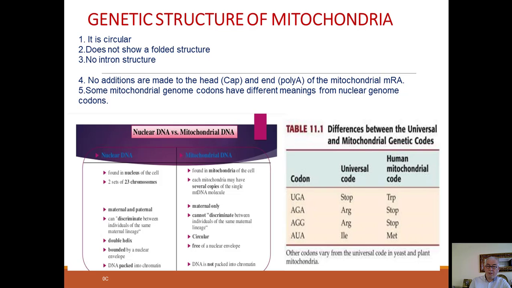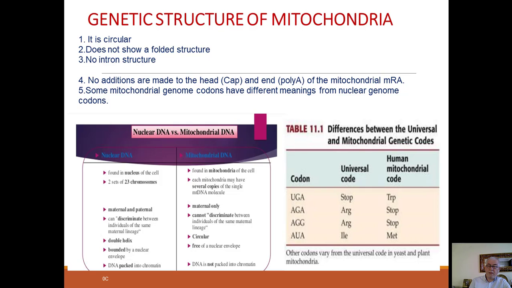AGA and AGG in the universal code encode arginine, but in mitochondria they are stop codons. AUA in the universal code is isoleucine, but in mitochondria the same codon codes for methionine.